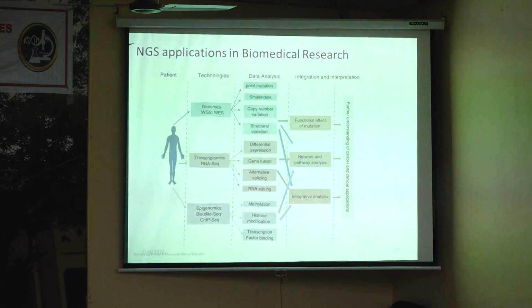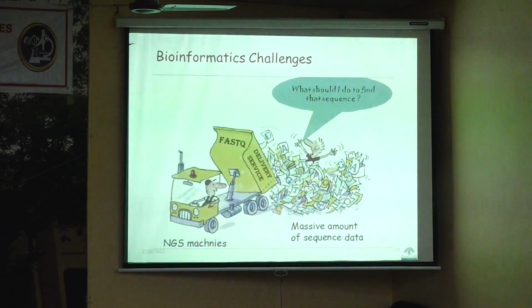We can come to a conclusion. Then we can give genetic counseling, or we can change the mode of treatment. That is possible. So this is the information for the bioinformatics group. If you have large data, you have to carefully analyze which data is useful to the patients.